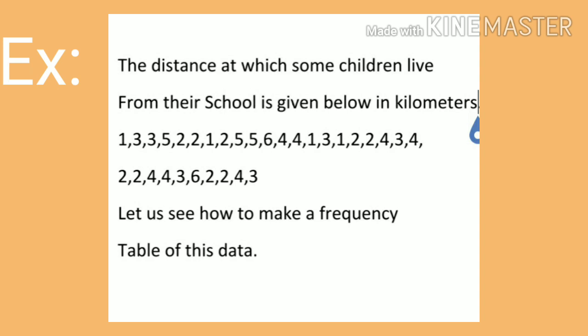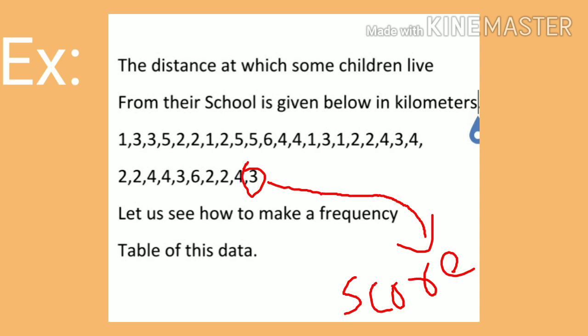This collected information is known as raw data. In this question, children live at a distance of 1 kilometer, 2, 3, 4, 5 and 6. Here, children, each number in the raw data is known as a score.